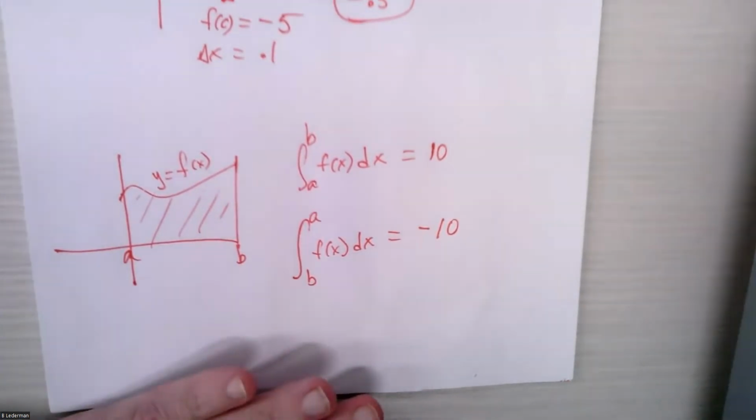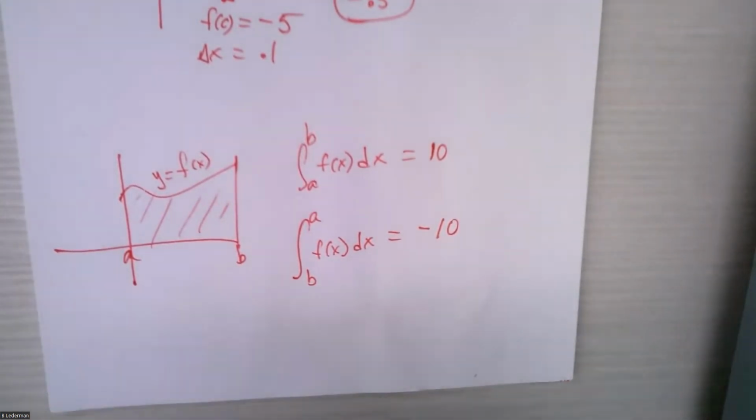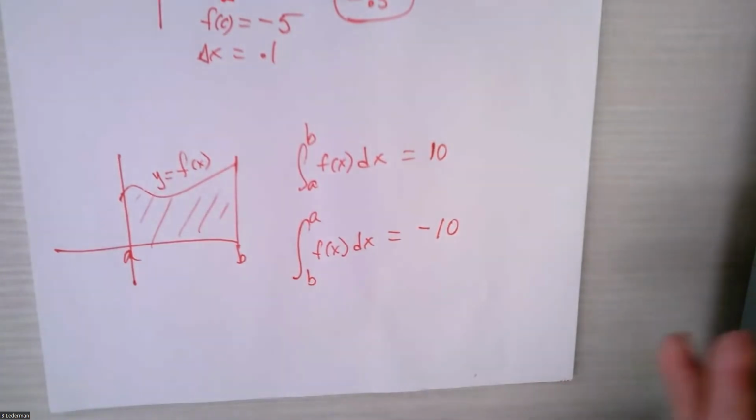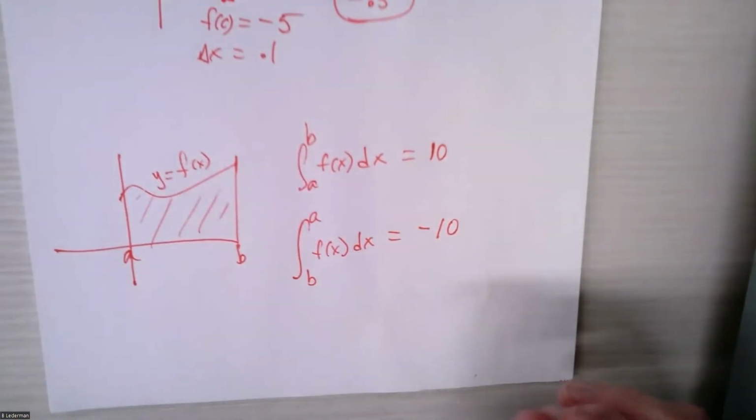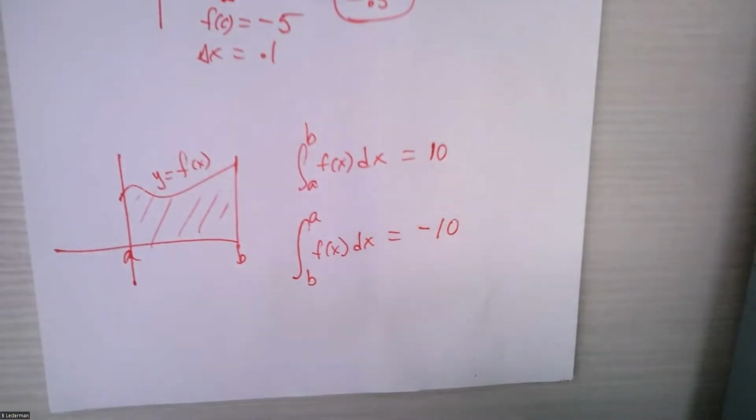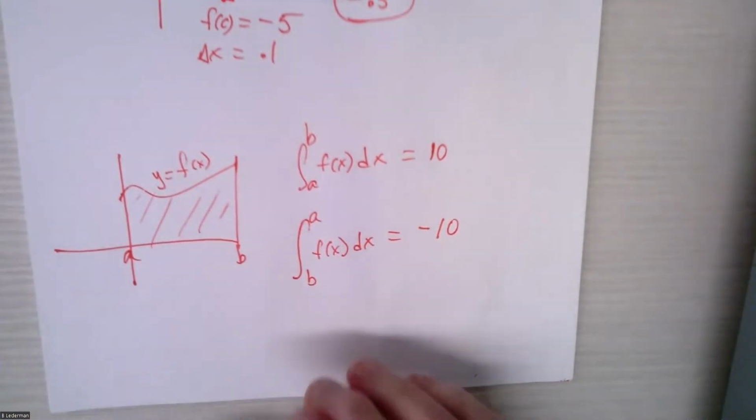If this was pure geometry, then area is area, and that's it. But in calculus, we're talking about a directed area. That's what integrals are. An integral is really a directed area. Now, let me give you another example.